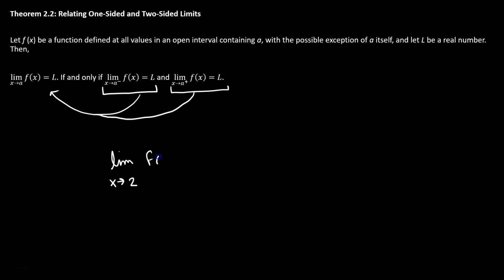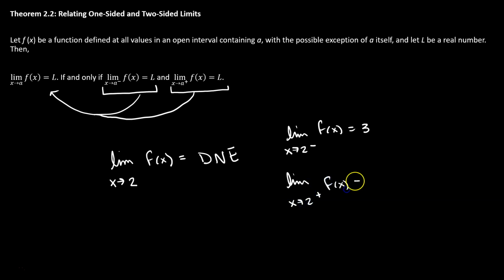If I'm looking at that piecewise function that we just saw the graph of, we would have to say that this two-sided limit does not exist. And that's because the left-sided limit was equal to 3, and the right-sided limit was equal to 0. Since these don't match, the two-sided limit cannot exist.